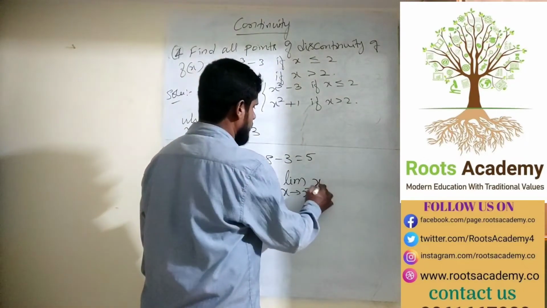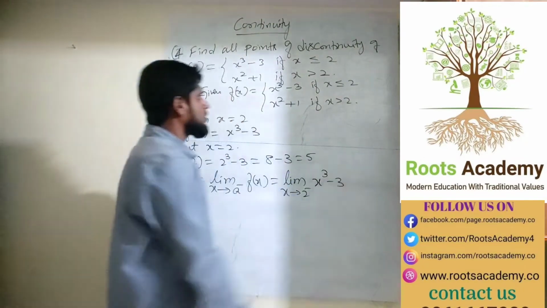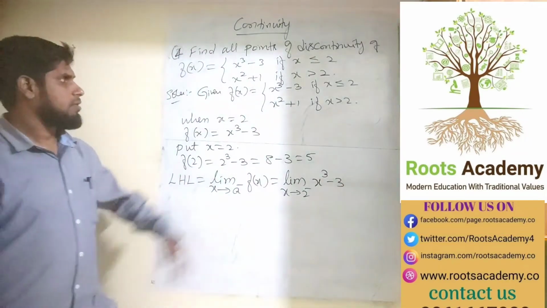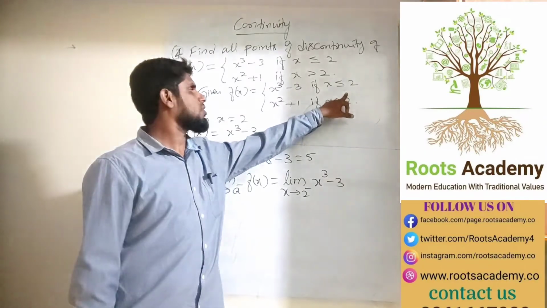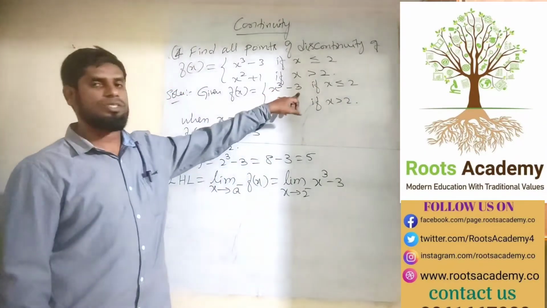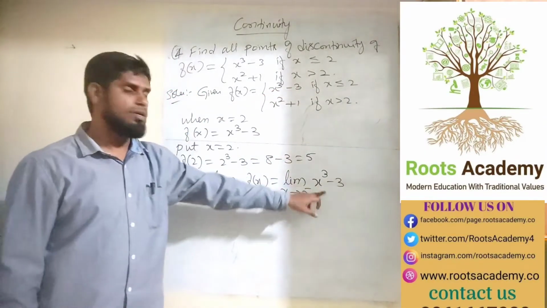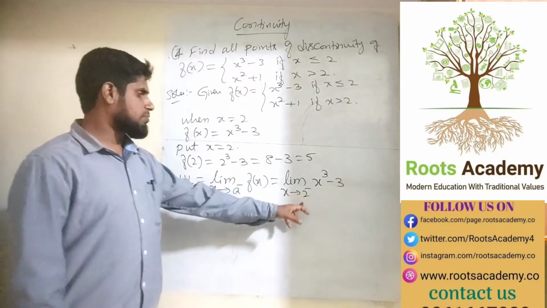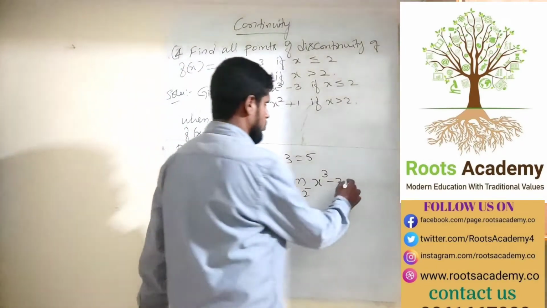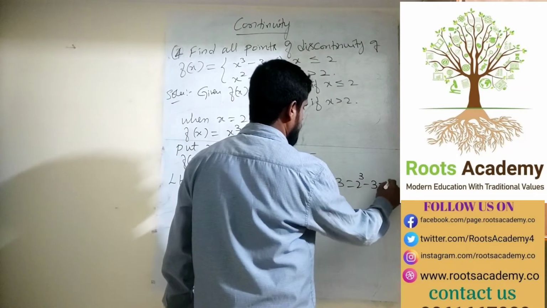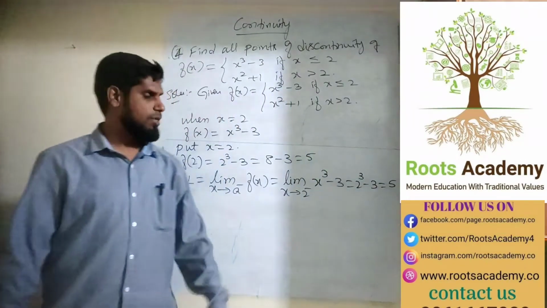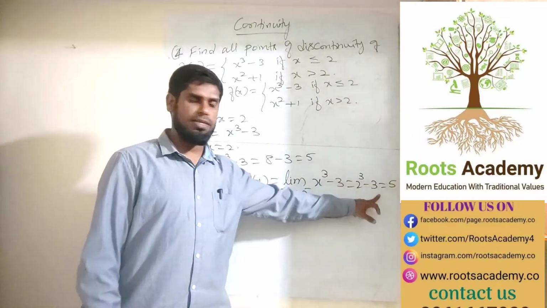Here f of x is x cube minus 3. x is less than 2, this is the condition, and the function for this condition is x cube minus 3. Now let us directly substitute x as 2. This becomes 2 cube minus 3. So that is 5, because 2 cube is 8, 8 minus 3 is 5.